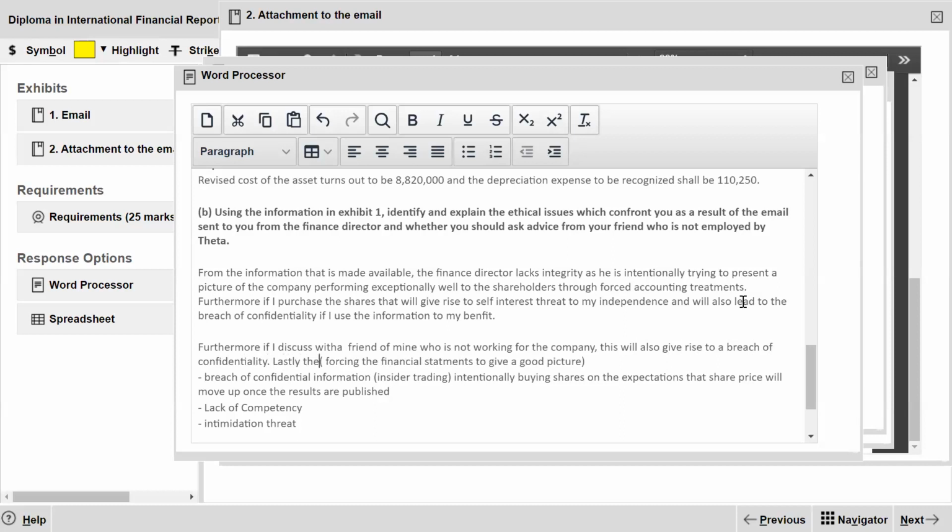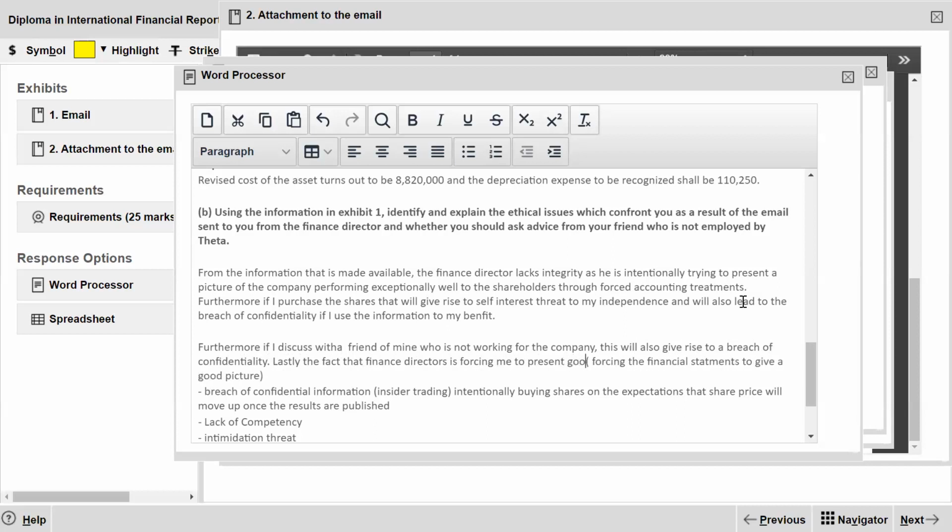Lastly, the fact that the finance director is forcing me to present good information and reminding me that my appraisal is due is an intimidation threat to the independence.